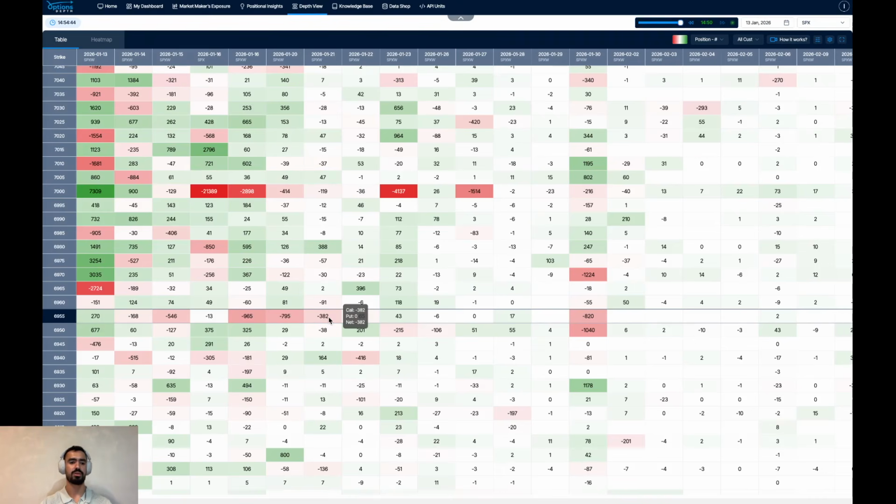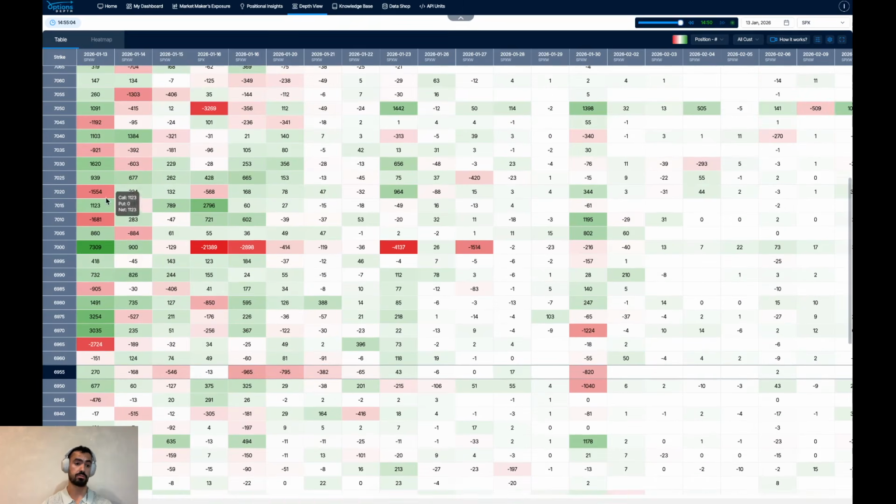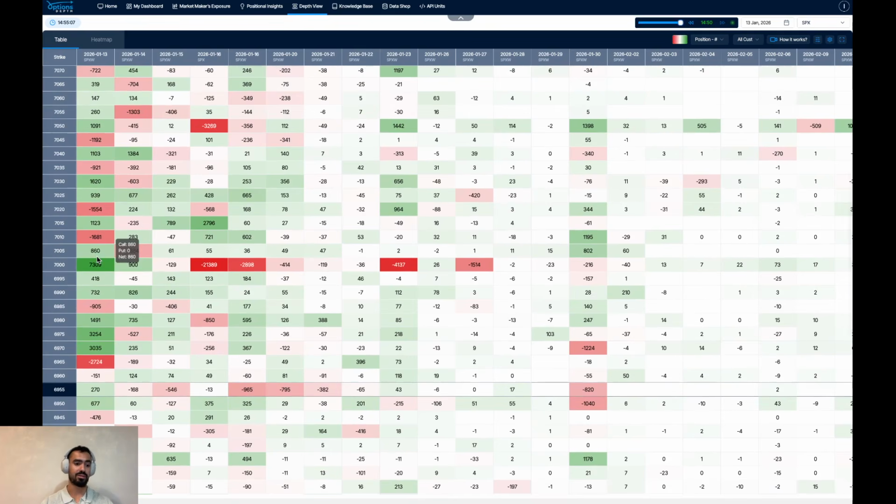Okay. So yeah, here we're seeing exactly how customers have transacted calls over multiple expirations at the same time and over all the strike prices. If you're seeing, let's say, green, that means that they're buying these calls. You can see a lot of people bought calls at 7,000 today.